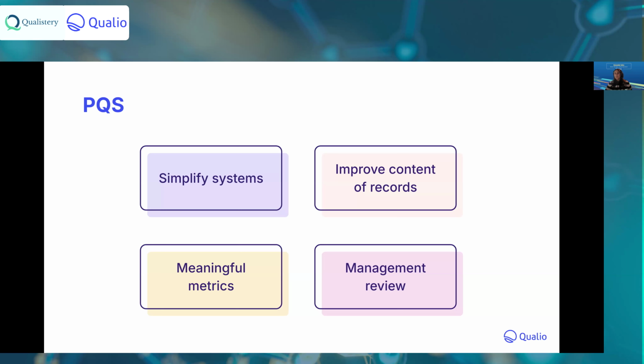Meaningful metrics, I think this goes back to one of the other questions. It doesn't just mean how many. Okay, how many did we have? Yes, that's an indicator. You don't want a lot, but are they on specific processes? You also need to look at metrics that are potentially outside of your system, and it may not be a specific number metric, but look at external factors like regulatory changes.